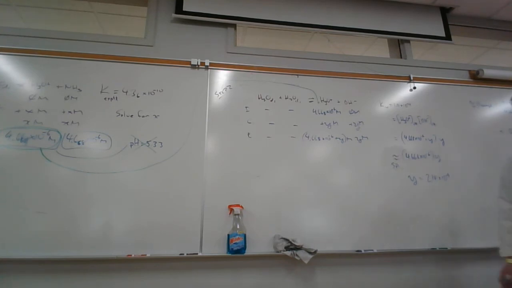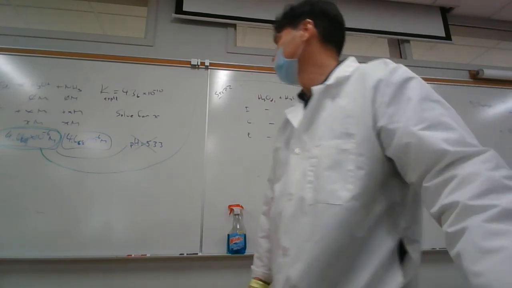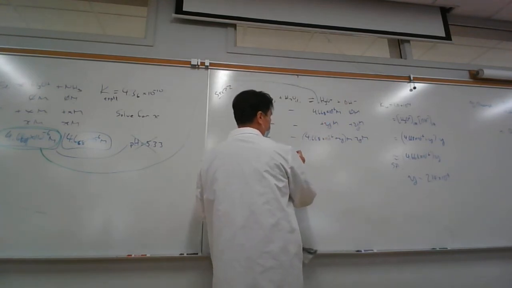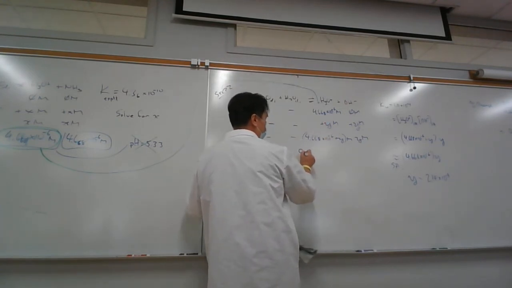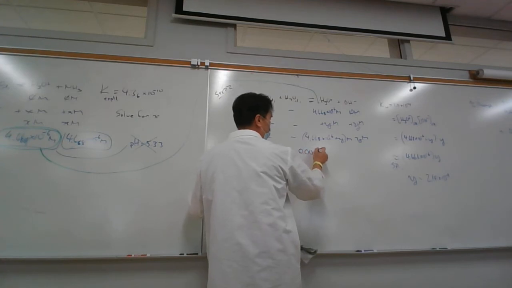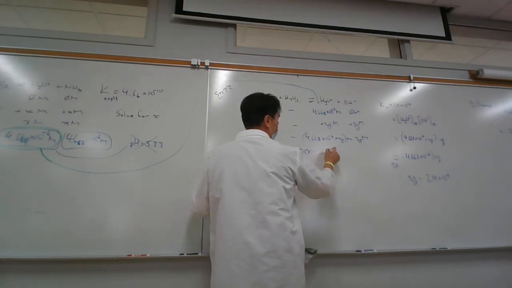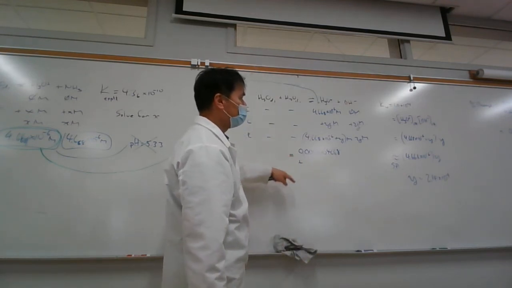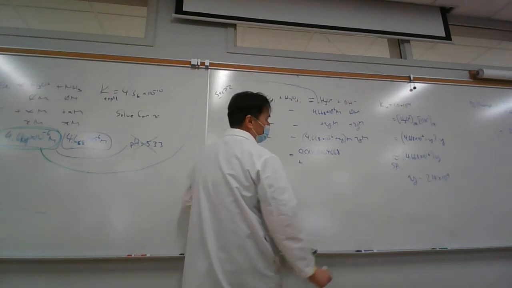In fact, let's take a look here. If I calculate the total hydronium in decimal form, I'm going to put 5 zeros: 1, 2, 3, 4, 5, 4, 6, 6, 8. Plus, so that's the hydronium from the ammonium. Let's calculate the hydronium from Kw.